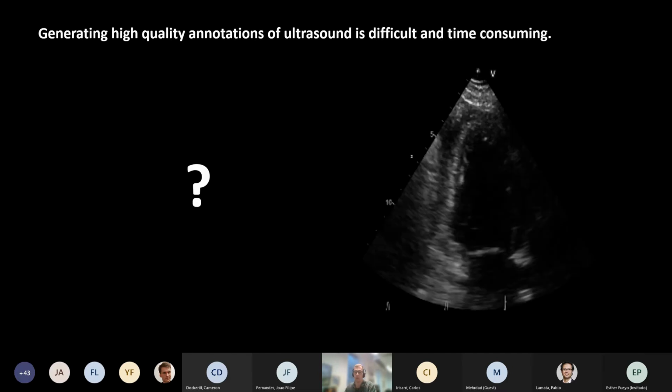And then you often have other images where there's some sort of dropout due to shadowing caused by the ribs, caused by other things, difficulty in acquiring a proper image, and then it becomes difficult to actually acquire those annotations. And that's a problem because the deep learning algorithms are only going to be as good as the data that they're trained from. So we really need high quality annotations for training deep learning algorithms that will work in practice.